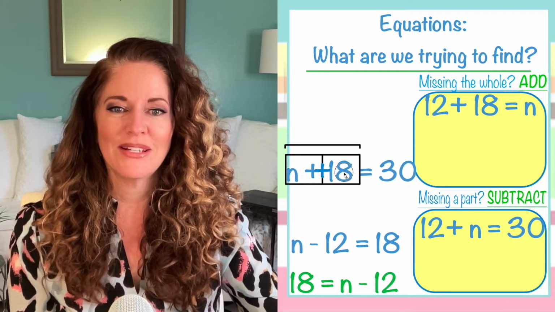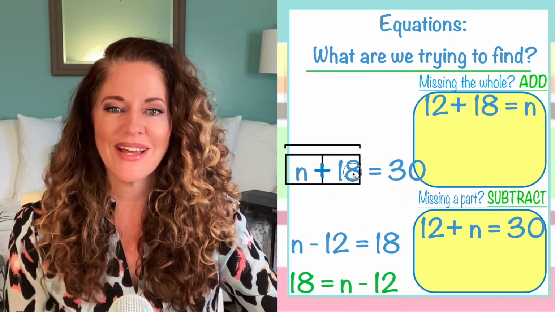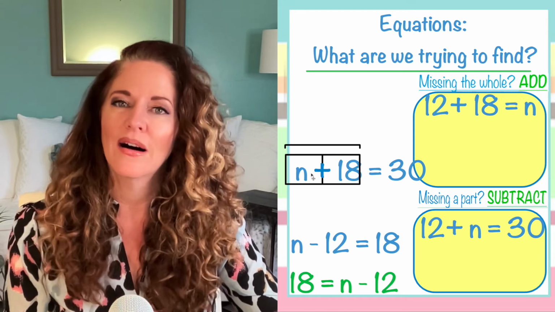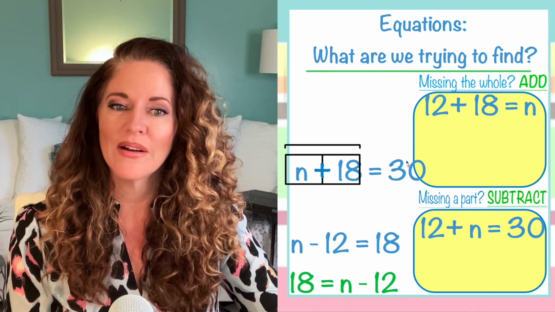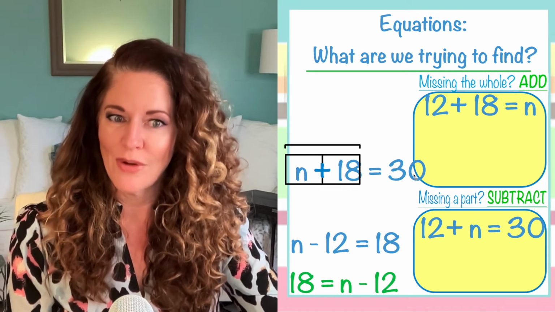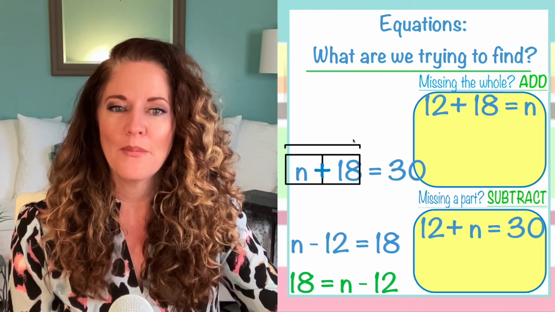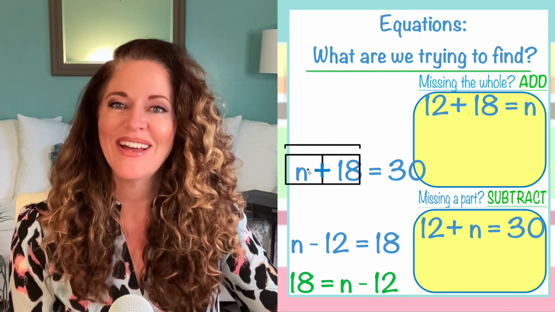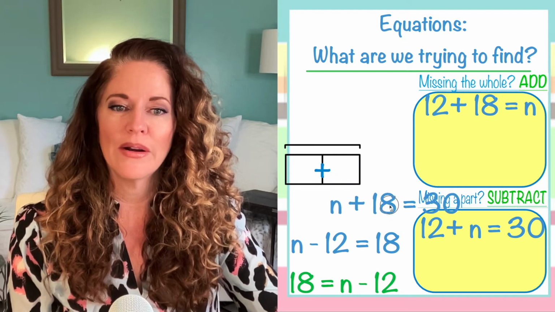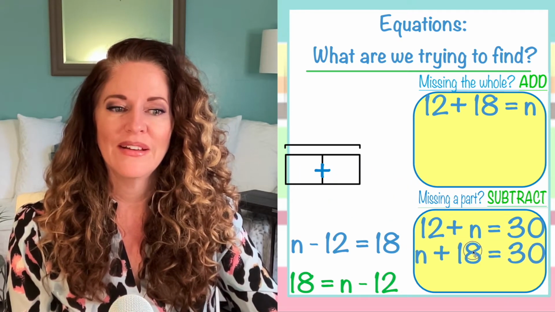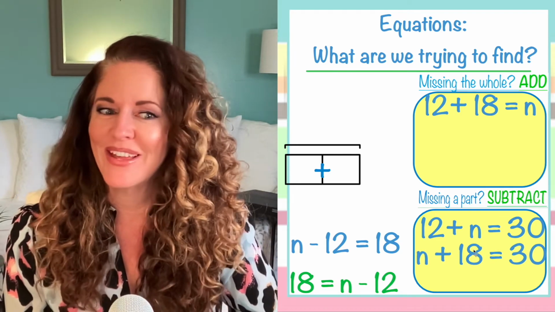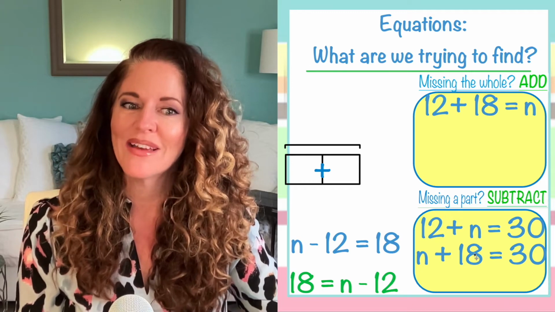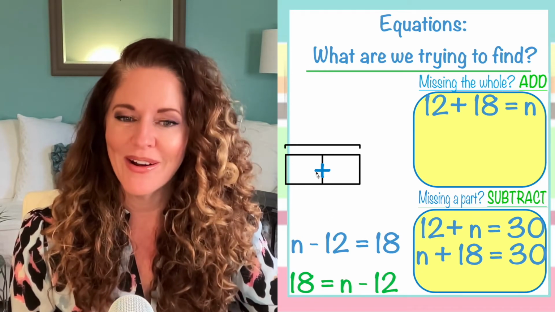Let's look at the next one. There's my plus sign. There's my two parts. Again, look, I am missing one of my parts. So I would do subtraction, right? 30 minus 18 would give me that missing part. I would pull from my 30. So there's another subtraction problem. Even though we don't see a subtraction symbol in there, we know we would have to subtract because we're missing a part.